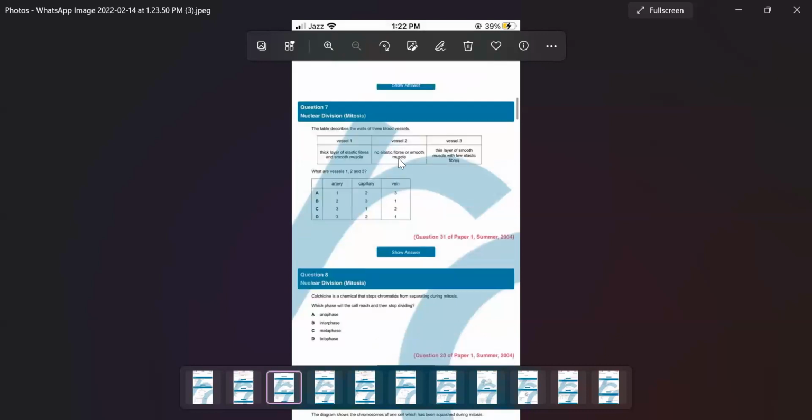No elastic fibers or smooth muscles. Which one could this be? The capillaries. Yes. Thin layer of smooth muscle with few elastic fibers, the vein. Which are 1, 2, and 3? Must be very easy. I don't even need to do it for you guys. Okay? Yes. Lovely.